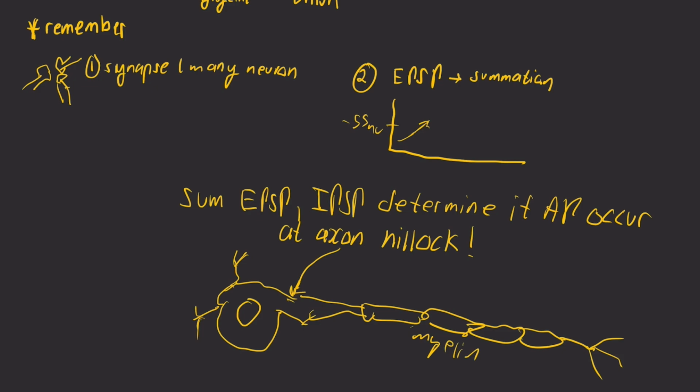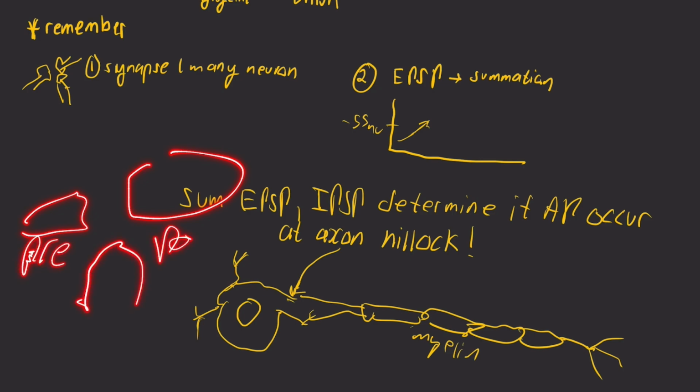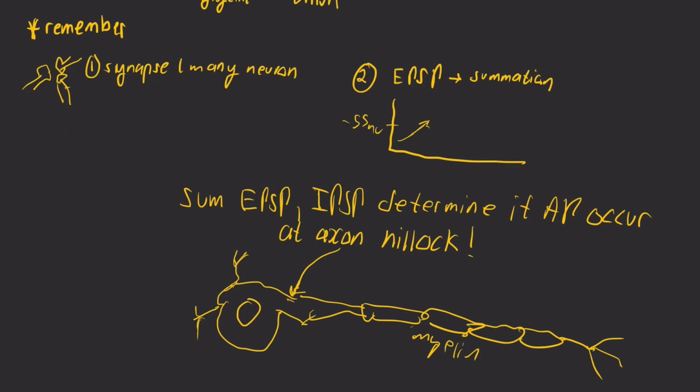These postsynaptic potentials can synapse into more than just one neuron. Usually we're talking about one neuron and another neuron, presynaptic and postsynaptic. There could actually be multiple neuronal synapses, which we don't really talk about here because it goes into much more complex details than we have to know.